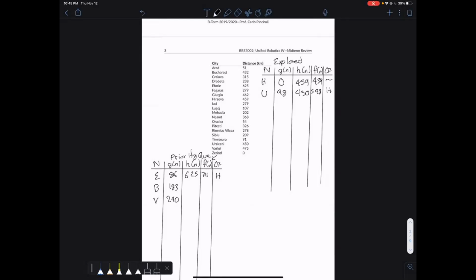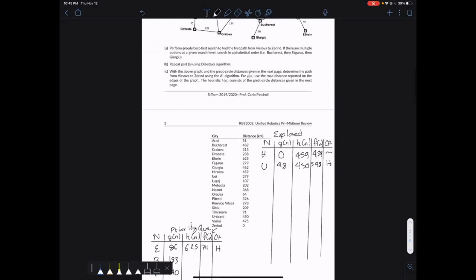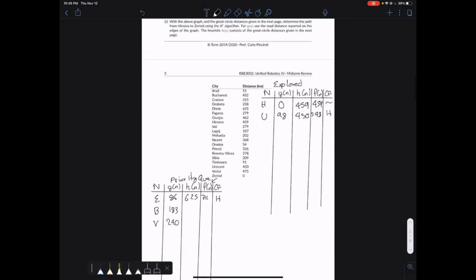Cool. And our next thing is going to be our H of n. Our H of n for node B is 432. Our H of n for node V is going to be 475. So we go ahead and add those together. We get 183 plus 432, you get 615.